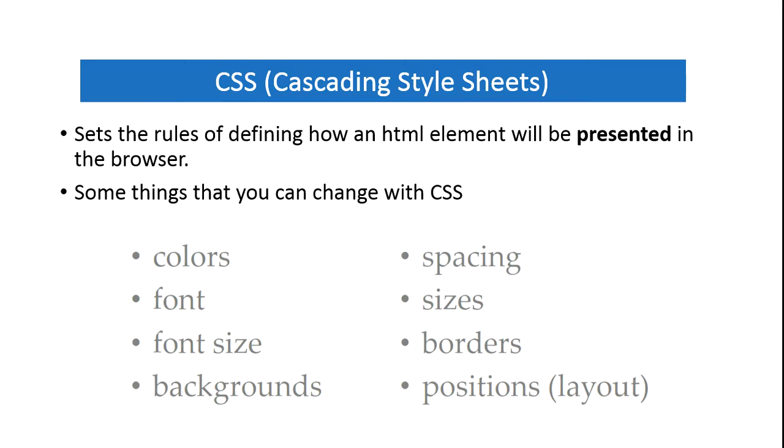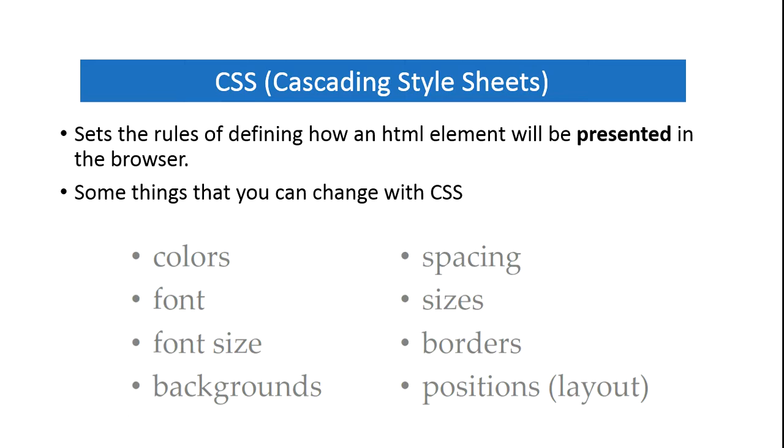I want to set the font color, the background color, which type of font I want to use, the font size, the spacing between the elements, the borders, and the positions, that is the layout in my browser, in my page. That can be easily set with the help of CSS.